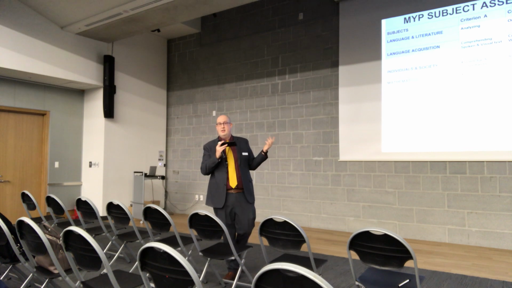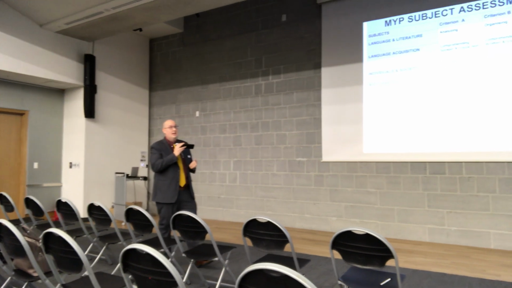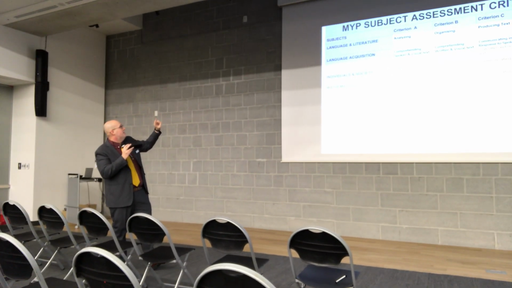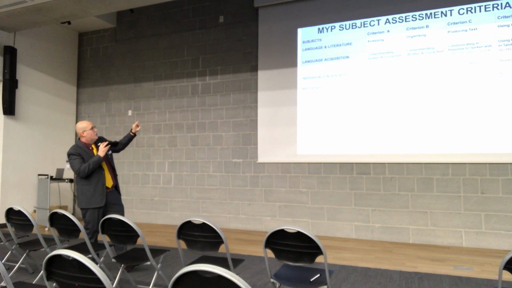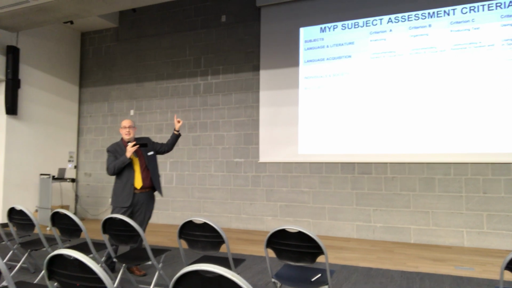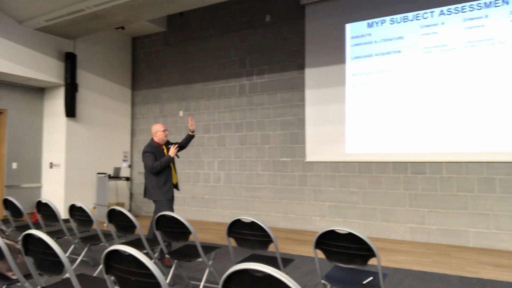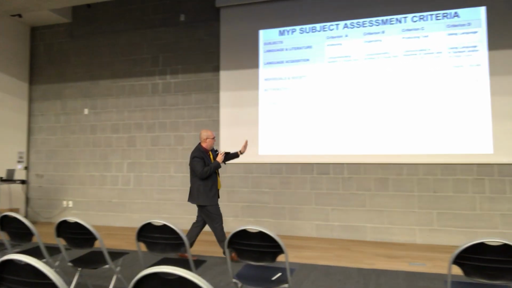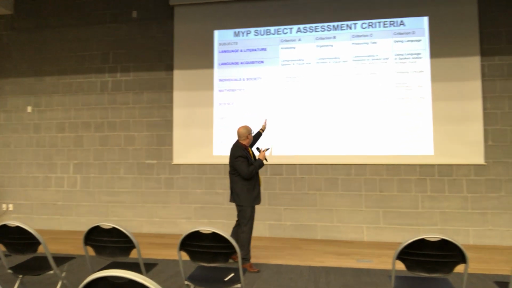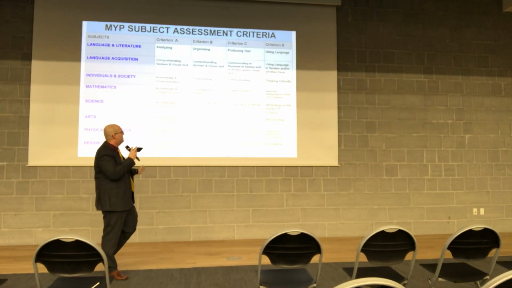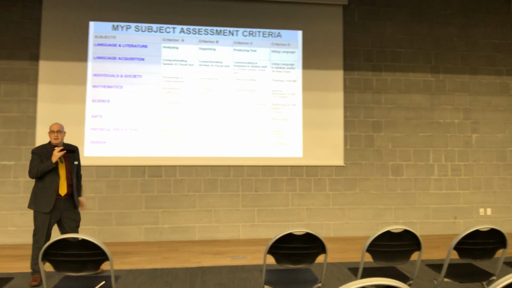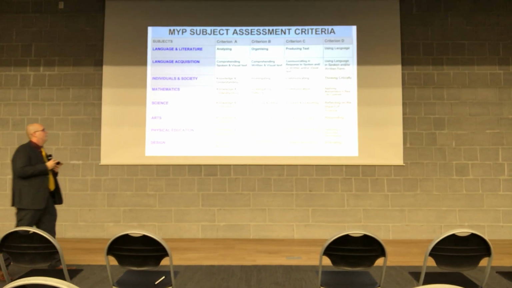We talk about this as criteria A, B, C, and D. The grid then across says, so language and literature, the one we were just looking at, criterion A is analyzing. Do take a moment and look down the columns. Look down criterion A across all subject areas. Look down criterion B.